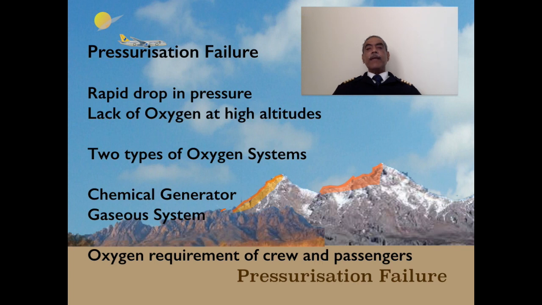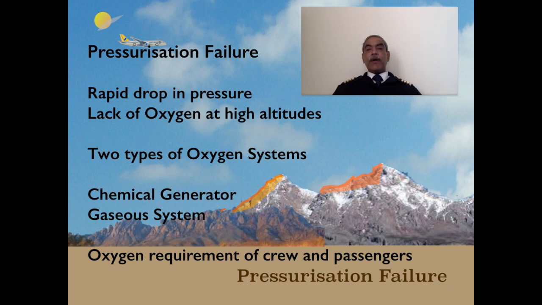All these are going to be affected by the different types of oxygen system. So as I told you, there are two types of oxygen systems. First is the chemical generator system and the gaseous system.